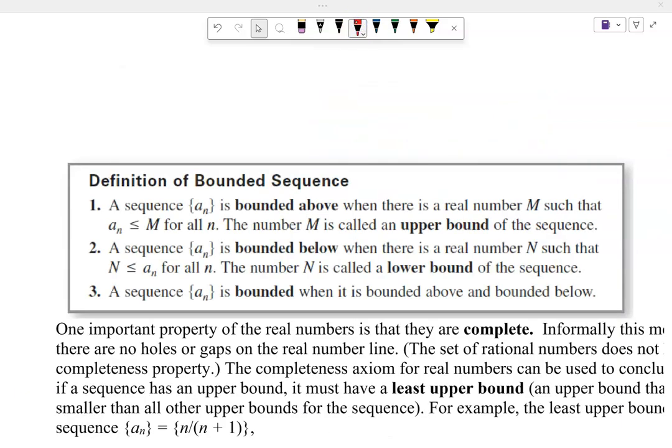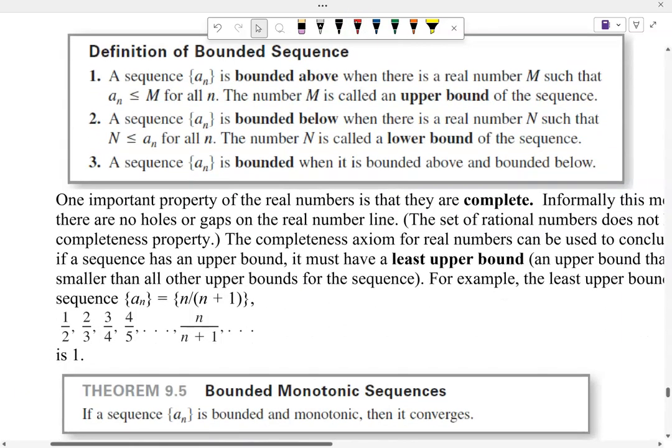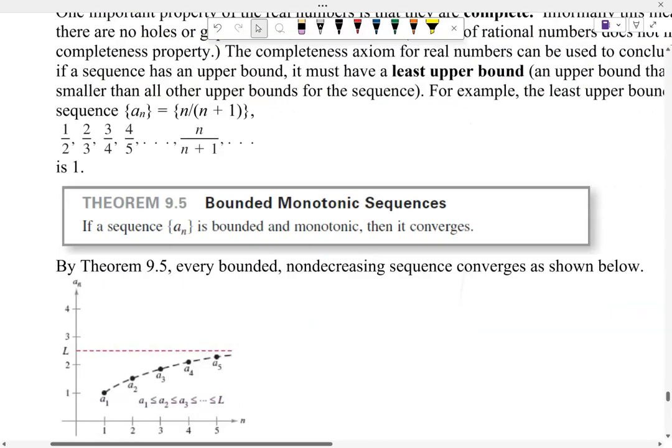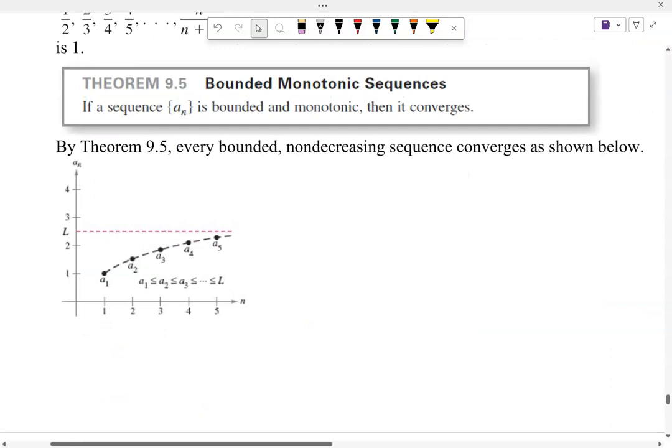All right, well, a bounded sequence, we could be bounded above, we have an upper bound, or we could be bounded below, or maybe we're bounded above and below. A sequence is bounded when it's bounded above and it's bounded below. So like if you look here, this is a monotonic sequence.